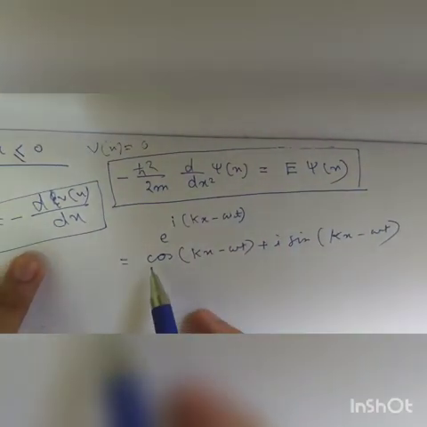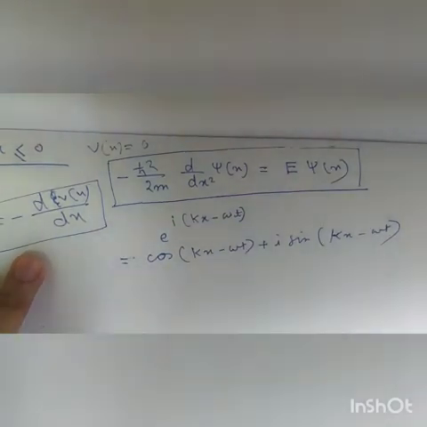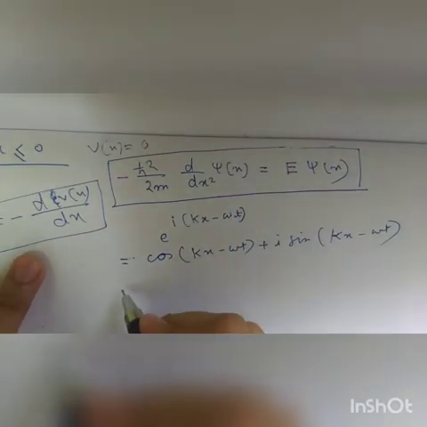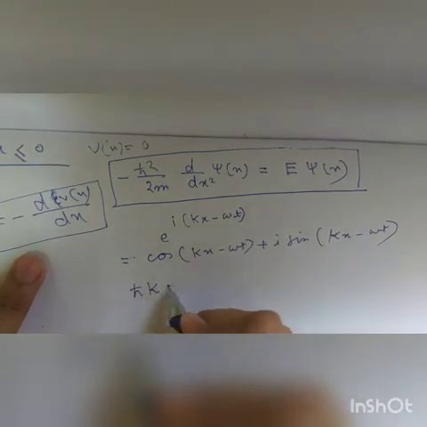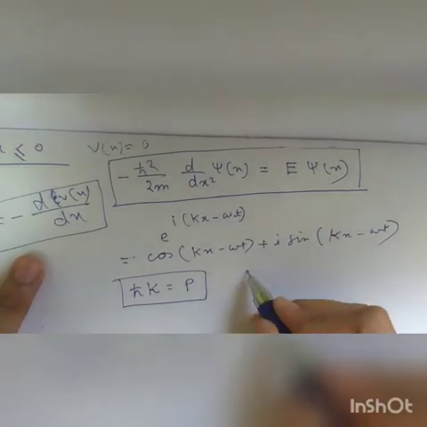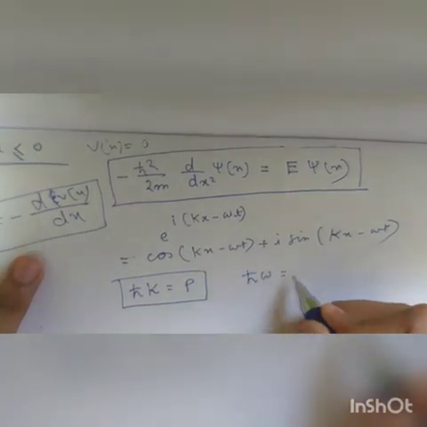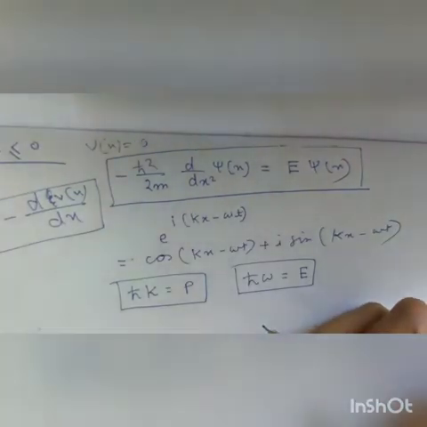We can consider that for a free particle there will be no force. We have found that h bar k is p from the de Broglie postulates, and h bar omega is energy. These two equations are here.